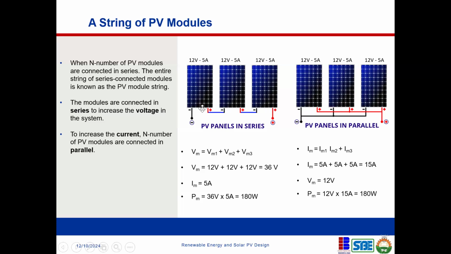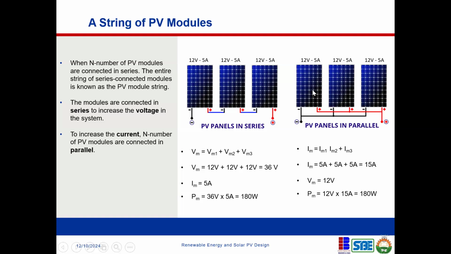Remember, the current of one module here is 5 ampere. Even though you're connected in series, your current remains 5 ampere. It doesn't increase. Now your power is equal to voltage times current, which is 180 watts. Okay, so this whole arrangement is 180 watts. The power output from these 3 panels is 180 watts because they are connected in series.